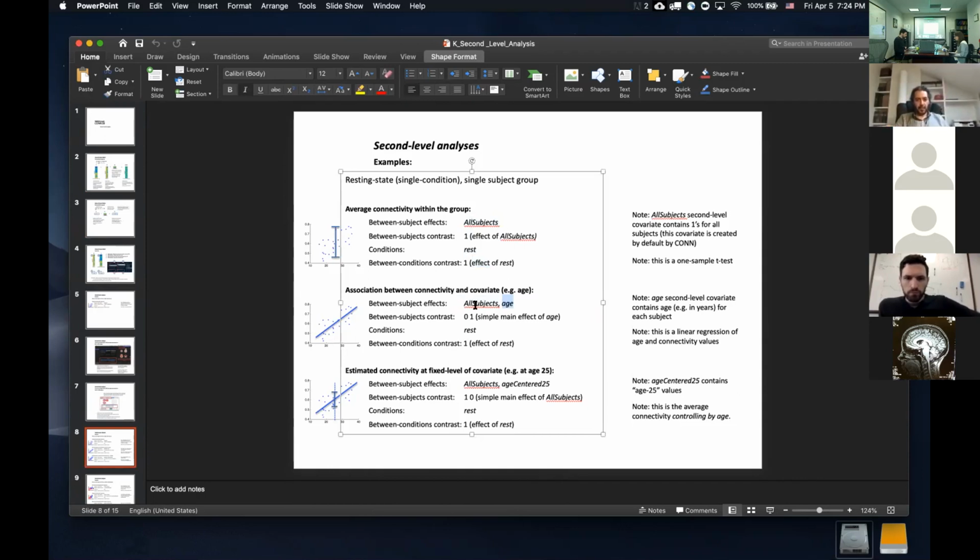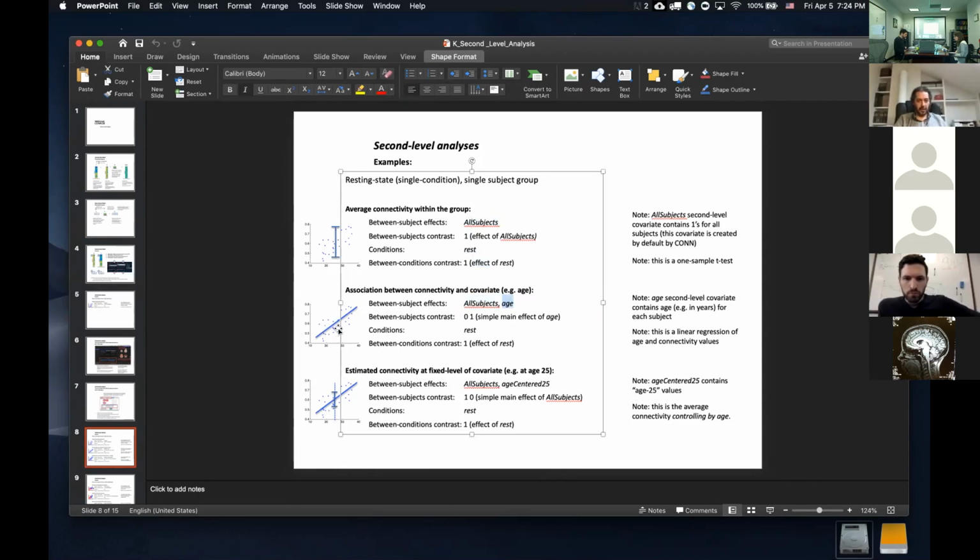The all-subjects regressor is going to represent the intercept of this line, the zero intercept, which is how this line intersects with the y-axis here. The height of that intercept is going to go into the all-subjects regressor, and the age regressor is going to represent the slope of this line.